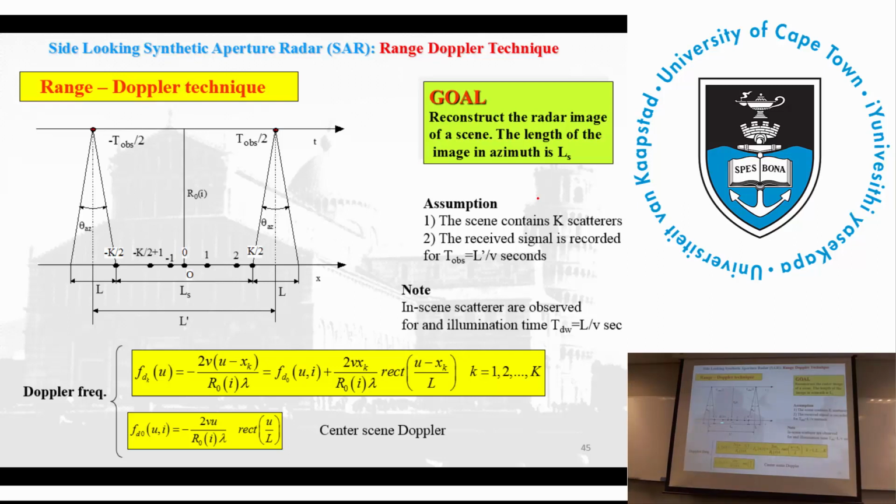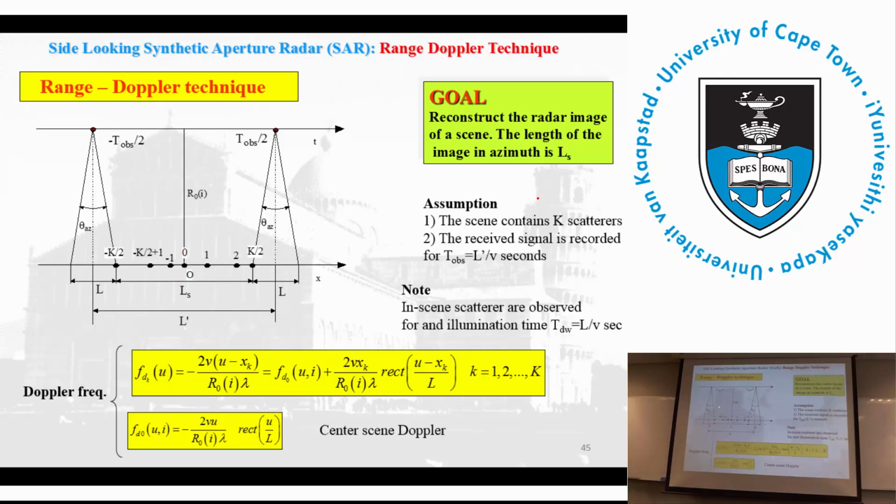So to do that, we are considering exactly the same signal model. So nothing changes from that perspective. We're now assuming that we have a number of scatterers within this region that we call LS. All these scatterers contained in this region are illuminated for the same amount of time.